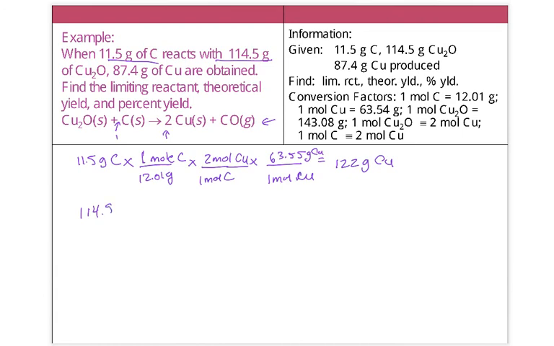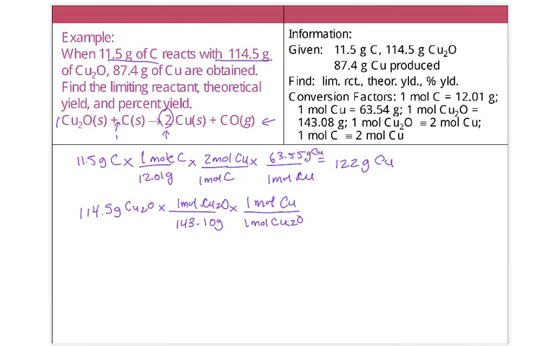All right, so 114.5 grams of copper oxide, and we want to see that there is 143.10 grams for every 1 mole of copper oxide. And now we can use our chemical equation. For every 1 mole of copper oxide, we get 1 mole of copper.